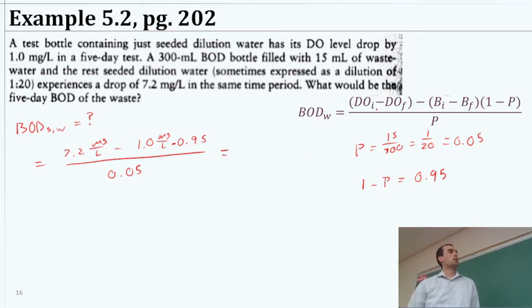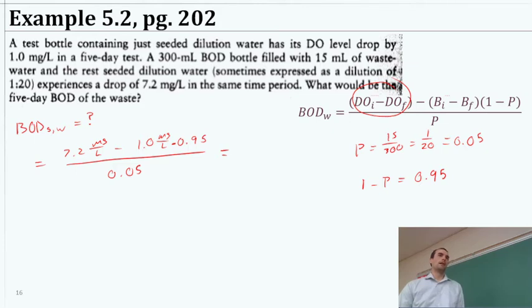And then the dissolved oxygen initial minus final for the sample case and the dilution case, you don't have any values given for the saturation or initial or even the final. What you're given is a drop. And so given that, it doesn't really matter where you started or where you ended. You can just insert into these components the drop, right?